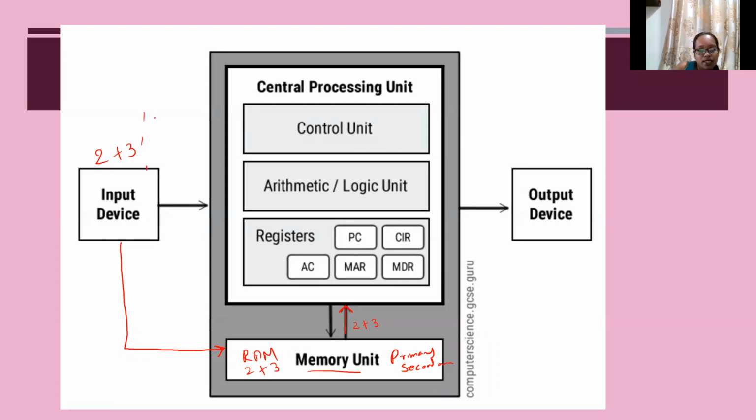It sends control signals every time to each of these parts: to the input devices, to the arithmetic and logic unit, to the registers, to the output devices, and also to the memory units. To each and every part of the computer, the control unit will send the control signals, right?